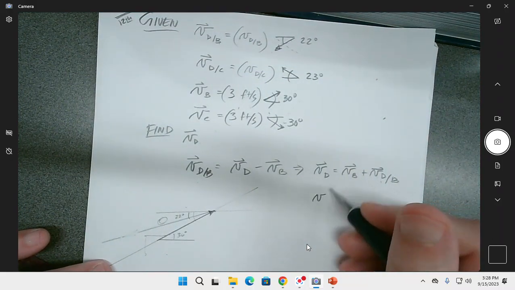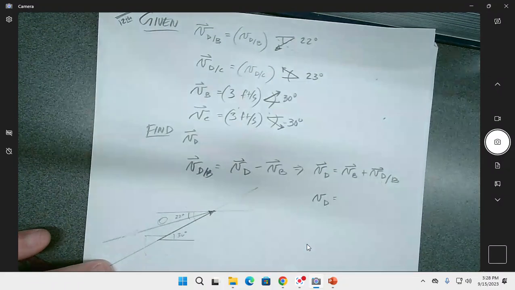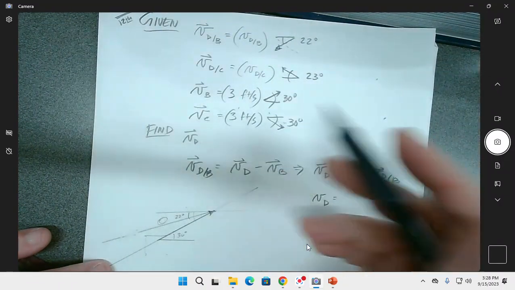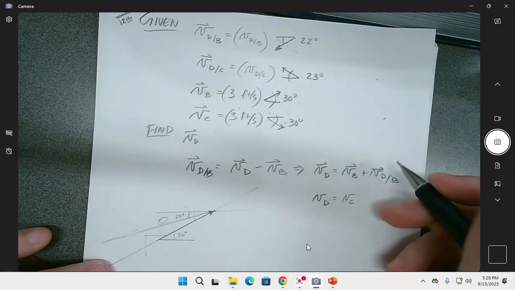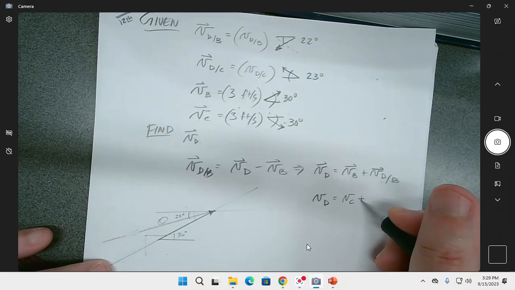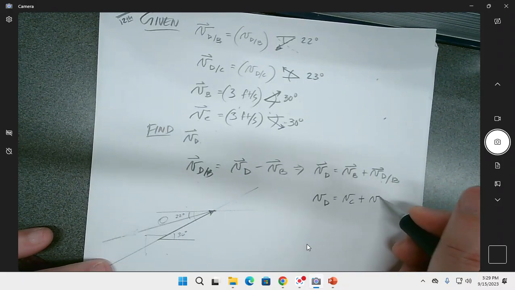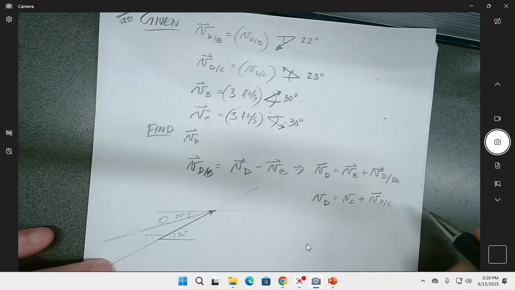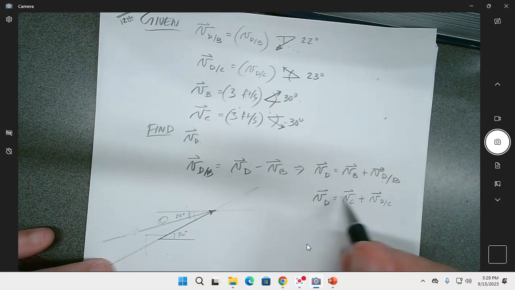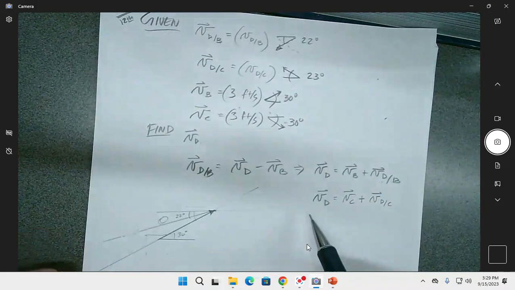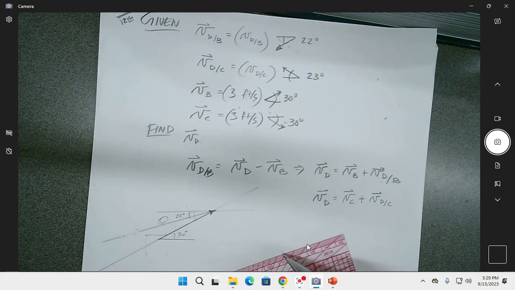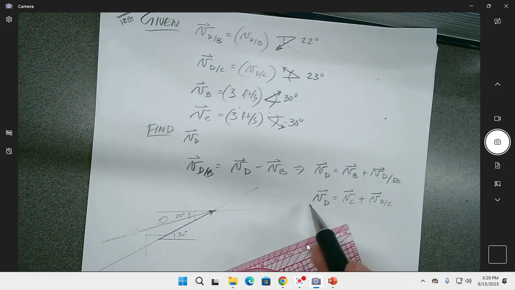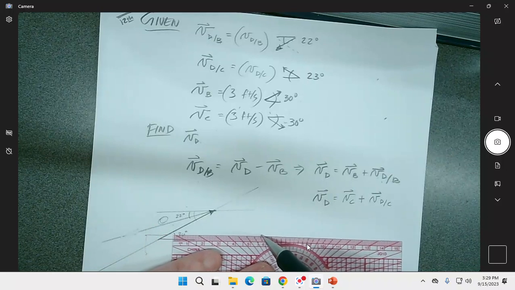We can just from looking at this say it's going to be VC plus VD with respect to C. That is also something that we're going to know based on this information, and I'll draw it over here.